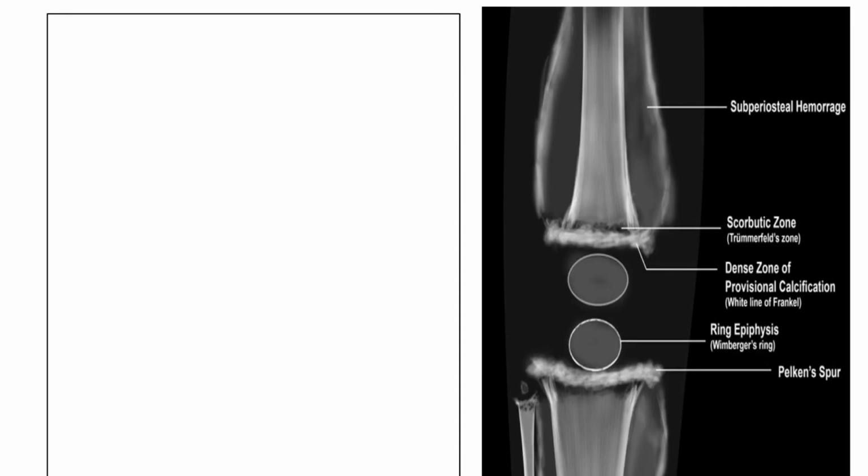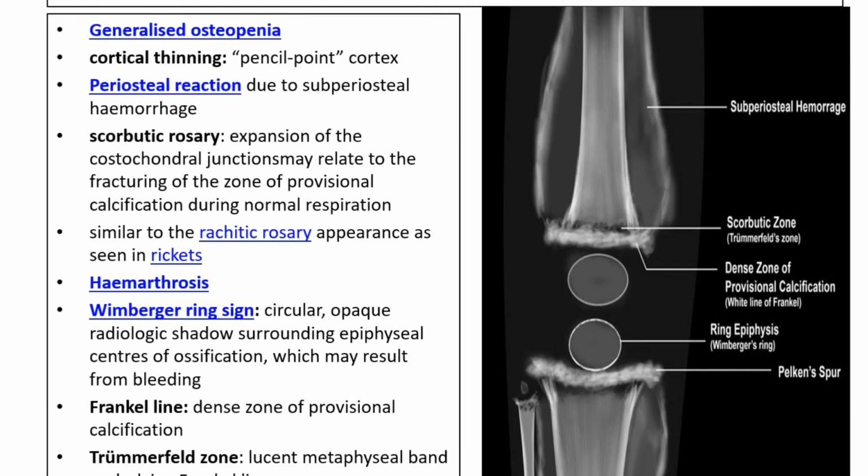This is the Wimberger line and this is the Pelkan spur. All of these are found in scurvy, along with generalized osteopenia, thin pencil cortex, periosteal reaction, scorbutic rosary, hemarthrosis, Wimberger sign, white line of Frankel, Trümmerfeld zone and Pelkan spurs. These are metaphyseal spurs.